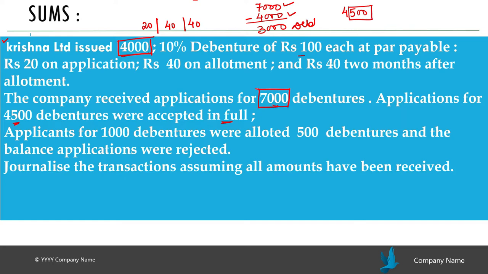The company is going to utilize this extra 500 debenture money for allotment, and the application money of 4,000 will be utilized by the company, and the rest of the money of debenture application will be rejected. That means after utilizing 500 debenture money, the company will return the money of the rest 2,500 debentures. Journalize the transaction assuming all amounts have been received.